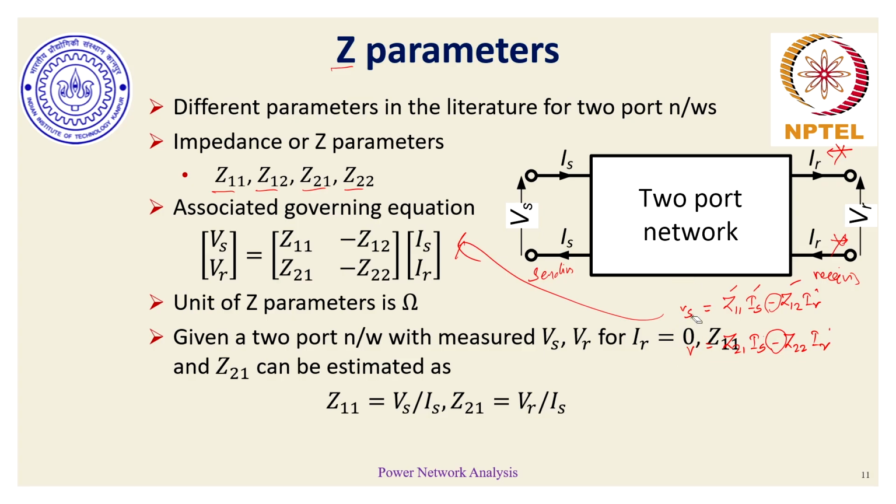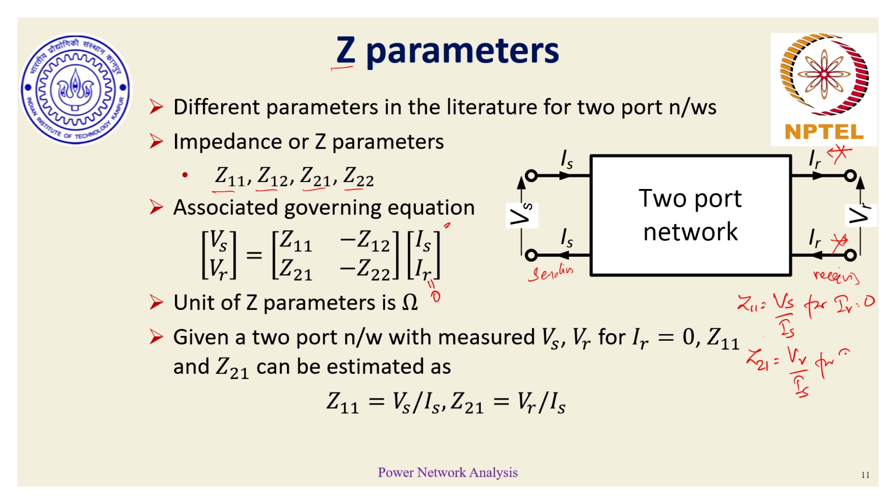For a given two-port network, if I have to figure out a way of evaluating these Z parameters, it's very simple. Let's say we have a case where the receiving end is open, in the sense that the receiving end is not feeding any load. In that case, IR would be 0, and Z11, as per this equation, would simply be Vs by Is for IR equal to 0, and similarly Z21 would be VR by Is for IR equal to 0.